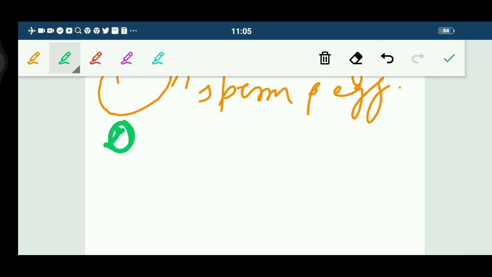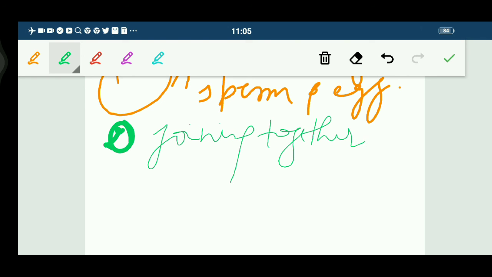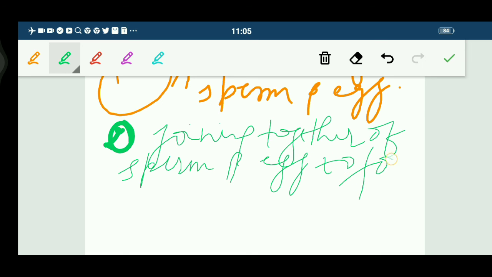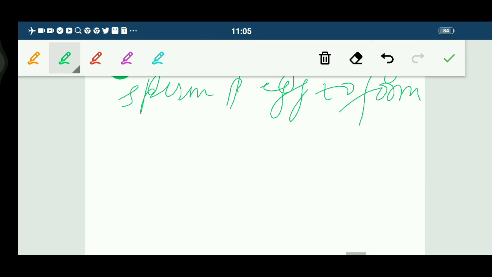Then second comes the joining together of sperm and egg to form a zygote. Fine, this thing I have already explained to you.